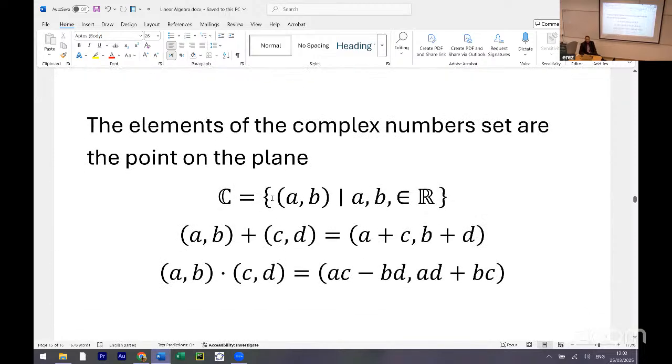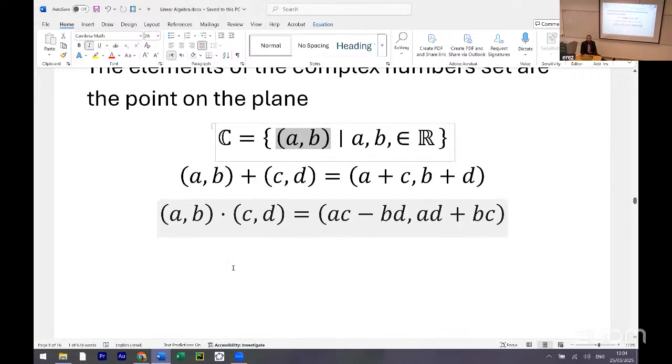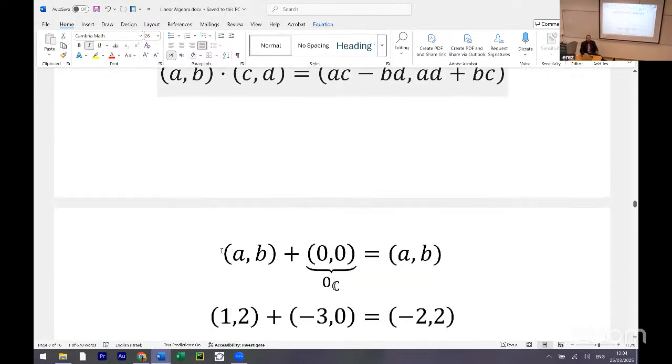We defined it by taking every complex number to be a point on the complex plane. We defined operations of addition and multiplication. We proved that it is a field, and we've seen that the x-axis, the real axis, behaves just like the real numbers.